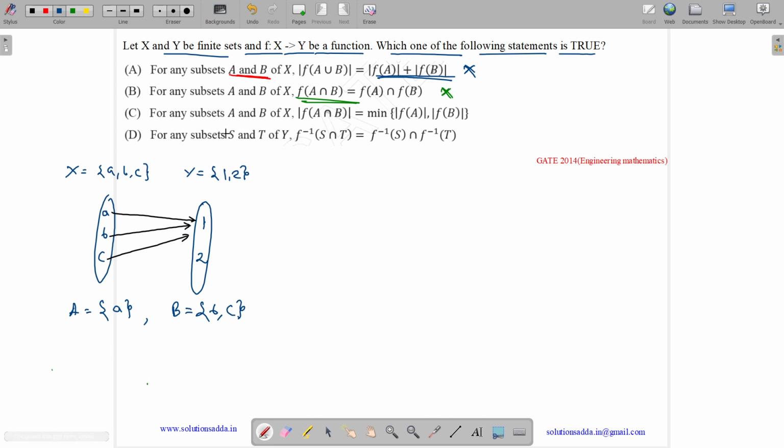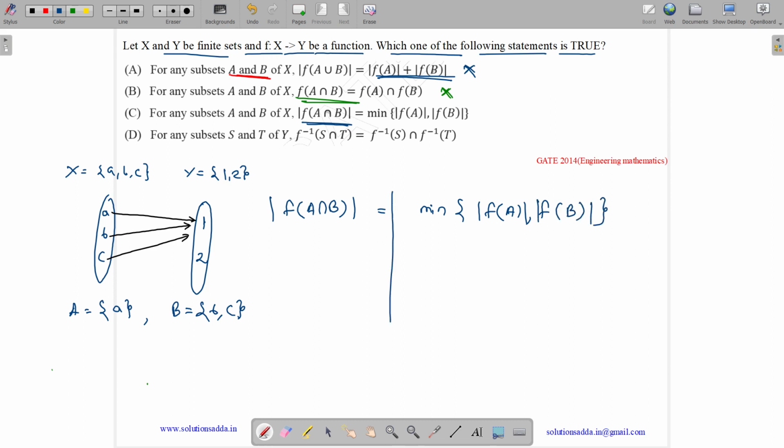Option C states cardinality of f of A intersection B equals the min of cardinality of f of A and cardinality of f of B. Okay, so let us do LHS first. LHS is cardinality of f of A intersection B, which is f of phi. So what is the cardinality of phi? It is 0.